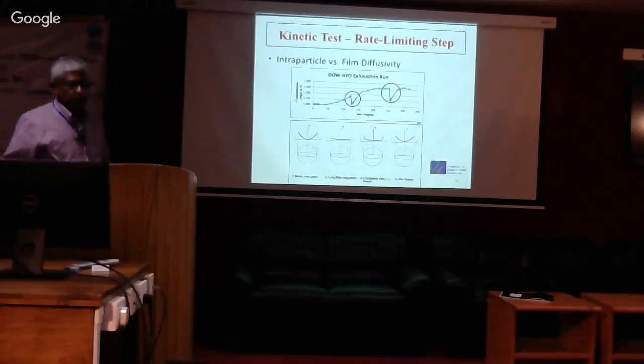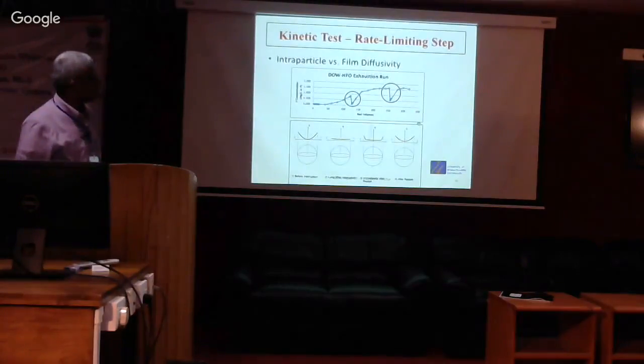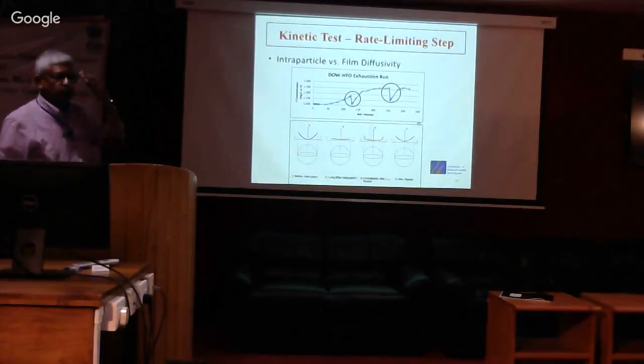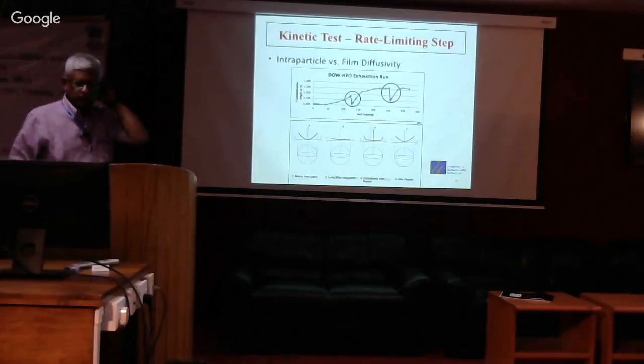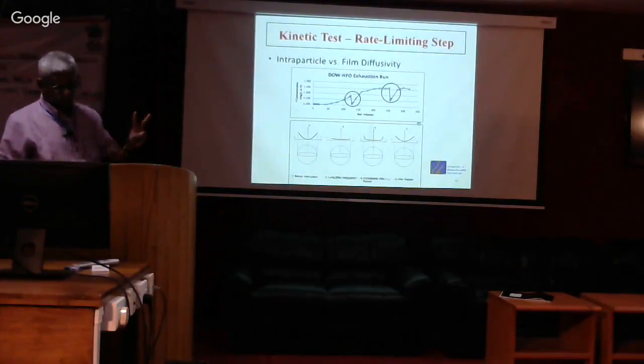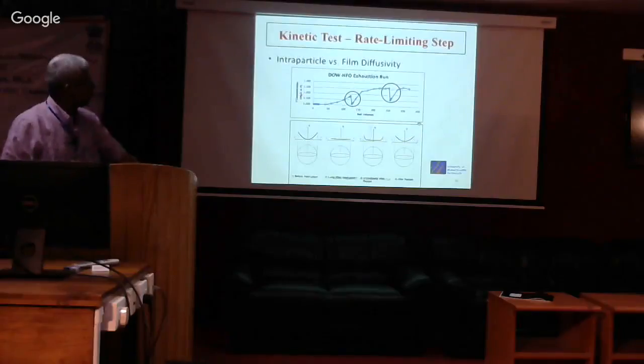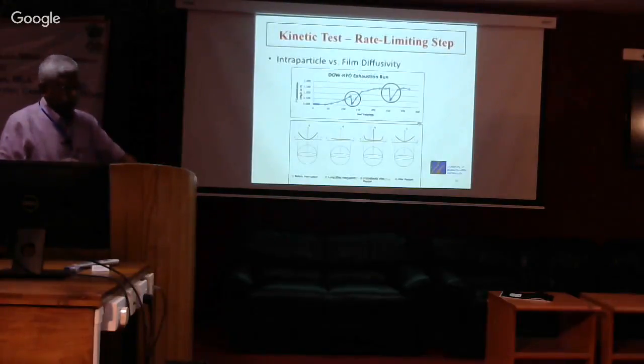So the question then is, one has to look at also kinetics. Until now it was all equilibrium. And when you do kinetic tests, you know that in ion exchangers, there are 2 possible rate limiting steps. It could be intraparticle diffusion or it could be the film diffusion.